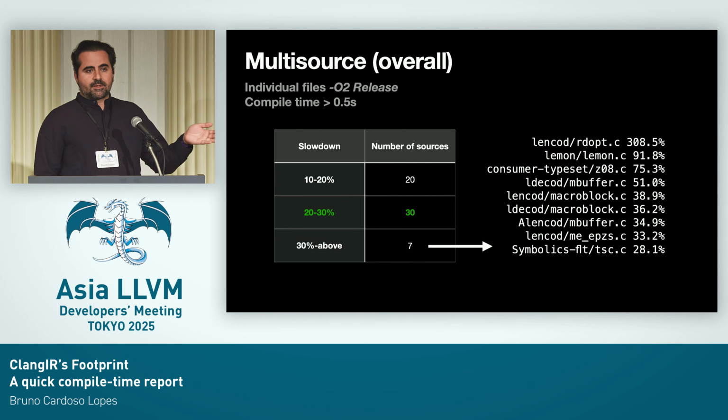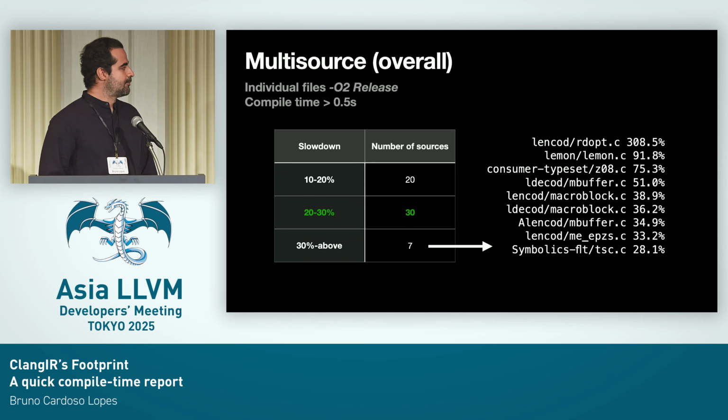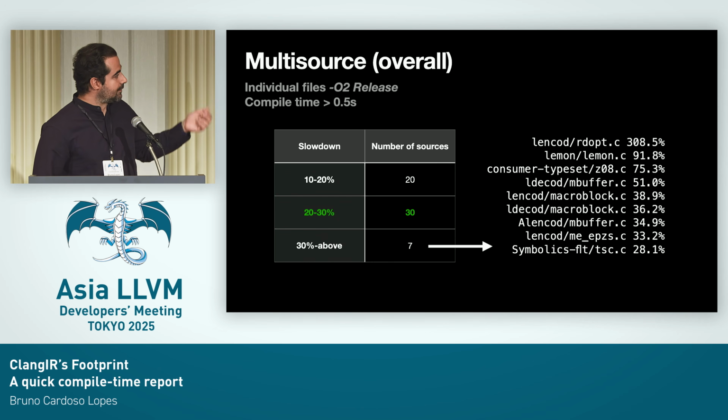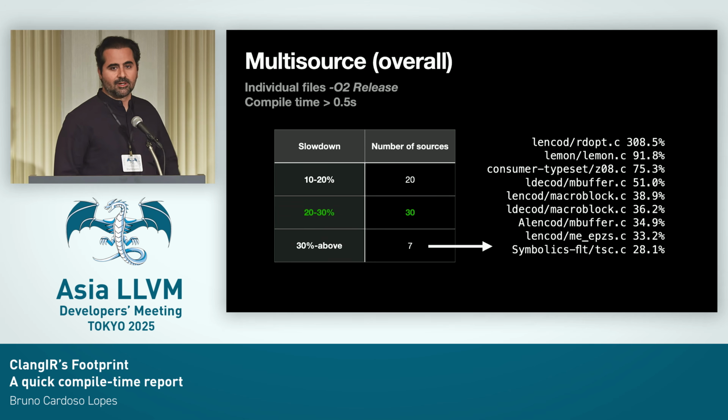Between 20 to 30% slowdown, that's actually where most of the programs are. We have around 30 sources. And only 7 actually break this limit of 30% slowdown. And as you can see, most of them are under 50%, but there are a few on top, and there's a crazy one at about 300%. So there's probably something stupid going on there as well that we need to look at.